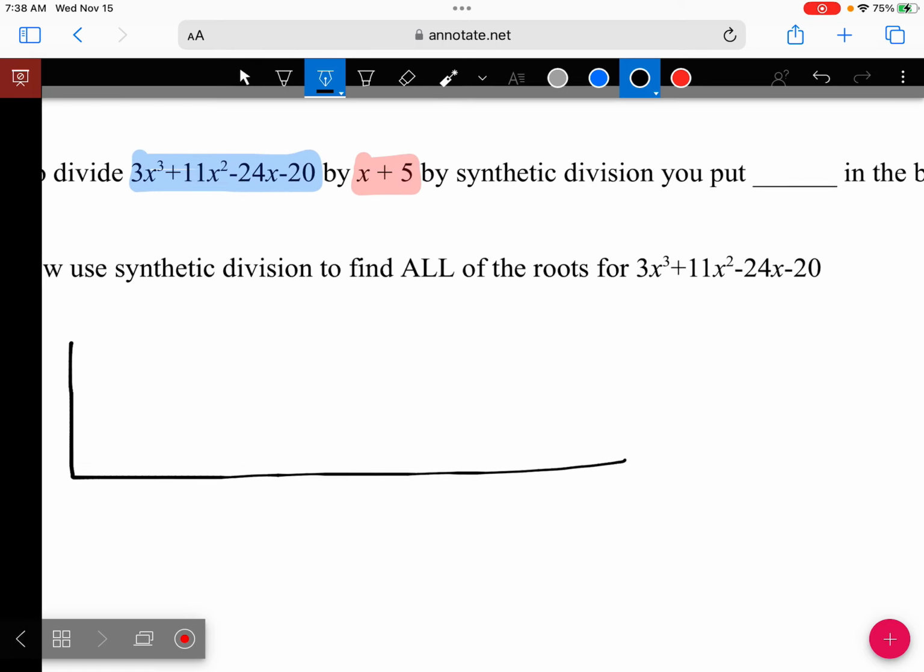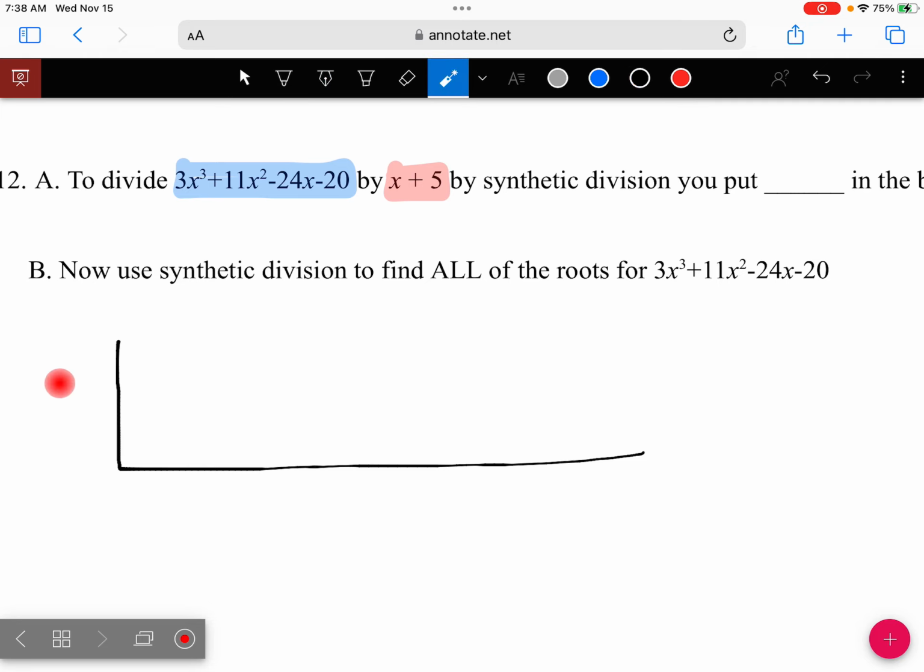What they mean by in the box is they mean here. What number is going to go here? -5. Because some people draw it like this. That's what they mean by in the box. I feel like that's doing too much and it makes my paper look super complicated. So we put our -5 over here.